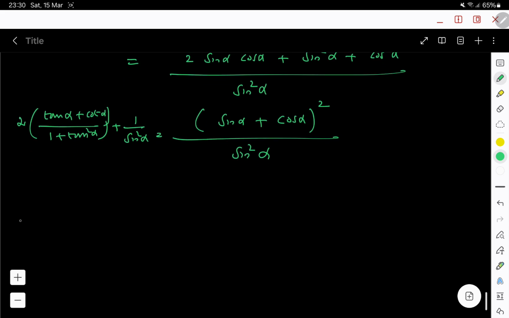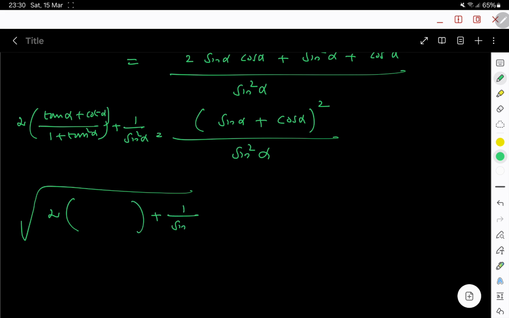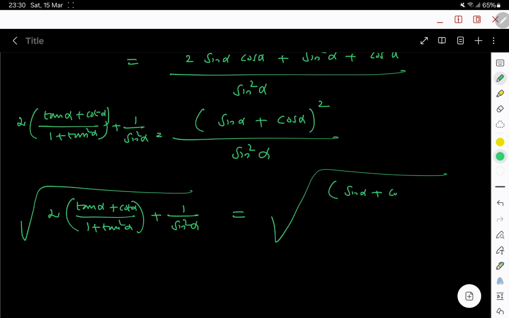Now I am taking the square root. Under root of sin alpha plus cos alpha whole square divided by sin square alpha.